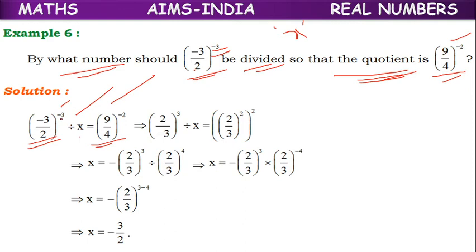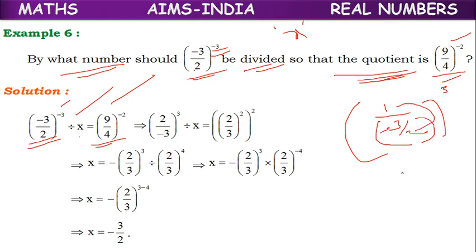When we have minus in the power, we have to write 1 by (minus 3 by 2) whole cube. But this 2 will go up, so we can write (minus 2 by 3) whole cube.